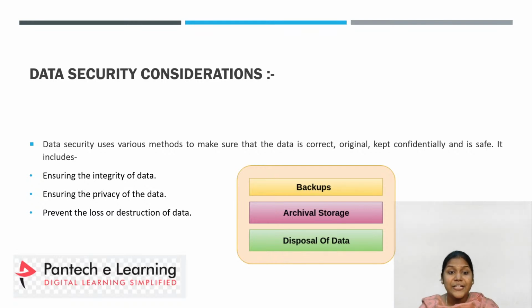It includes ensuring the integrity of data, ensuring the privacy of data, and preventing the loss or destruction of information or message or any data. So to make the data secure, we need to have these three conditions. Our data should be kept confidential and private, it cannot be available to all people, it should have integrity, and the loss and destruction of data should be prevented.